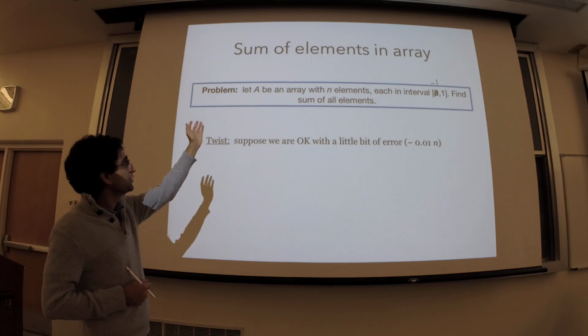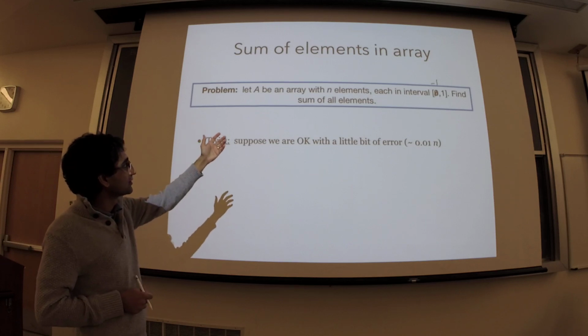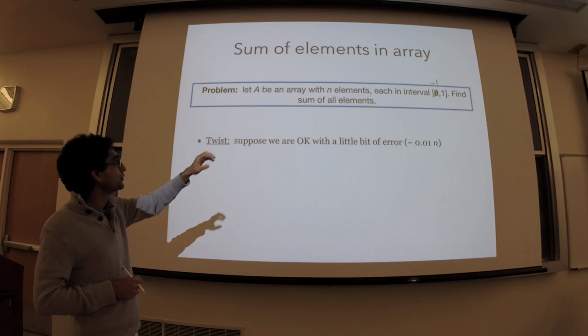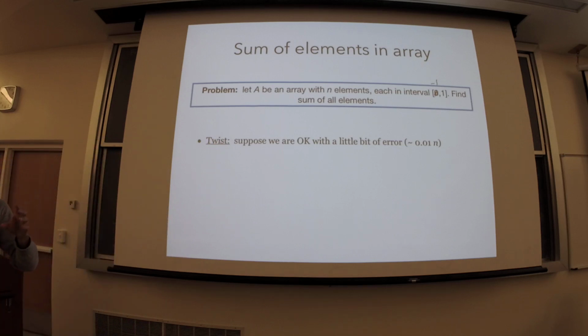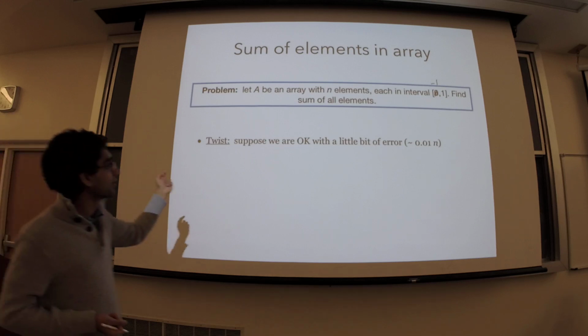So the natural way to do it, basically the only way to do it exactly, is just linear time, right? You have to add all the elements, because otherwise, if you don't look at all the elements, you cannot get an exact sum. But suppose you're okay with a little bit of error, right?